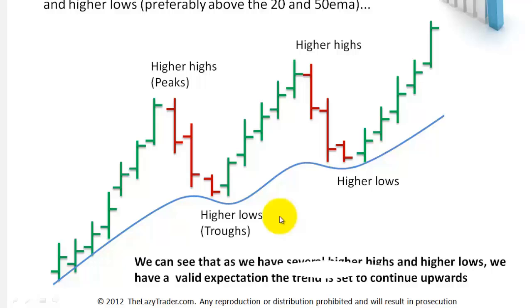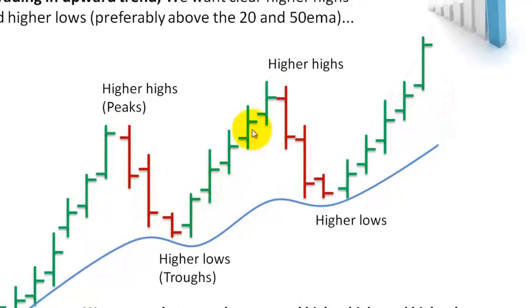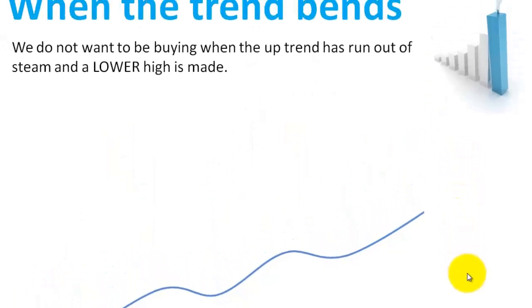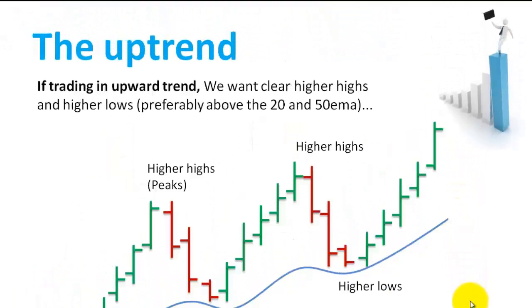And of course, like you'll see in the cyclicity module, moving averages respecting the price action are synonymous with decent cyclicity, where we've got higher highs and higher lows in an upward trend, making higher peaks and higher troughs, and in a downward trend, lower highs and lower lows, with lower peaks and lower troughs.